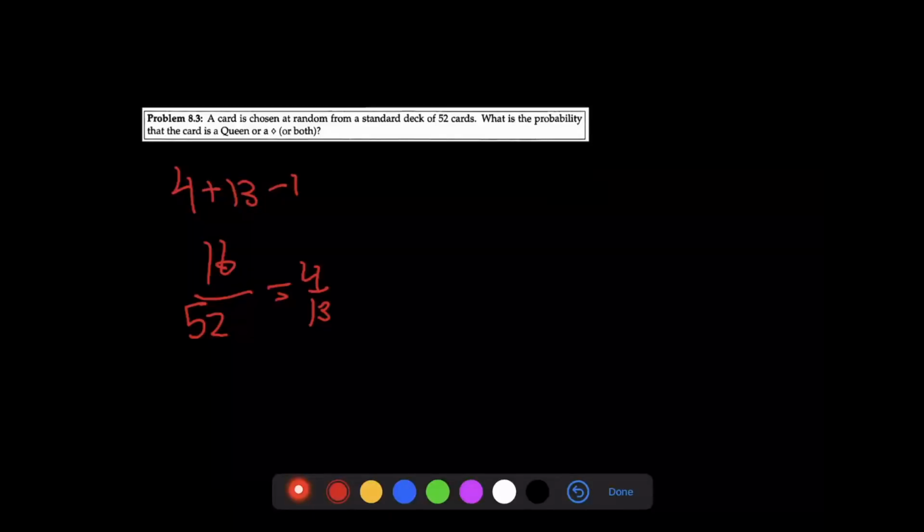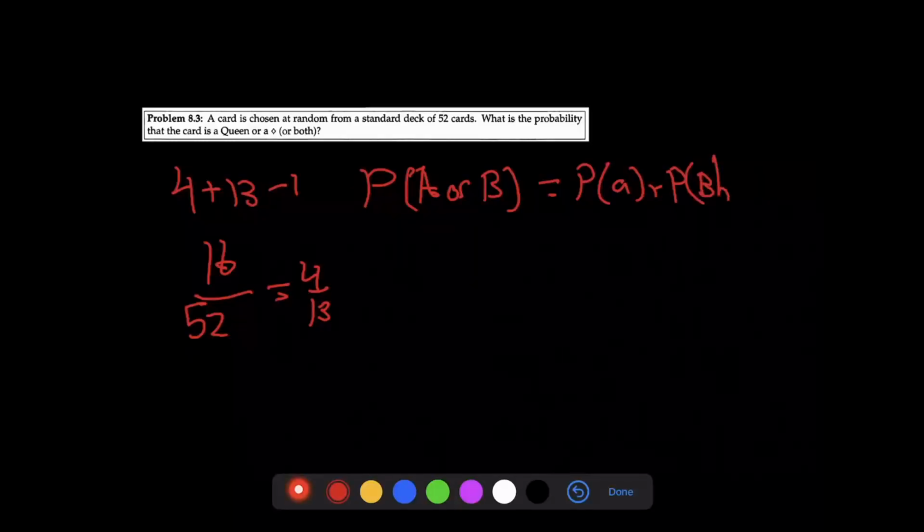You can also set this up as probabilities. The probability of A or B is equal to the probability of A plus the probability of B, minus the probability of A and B. And this formula works for everything.